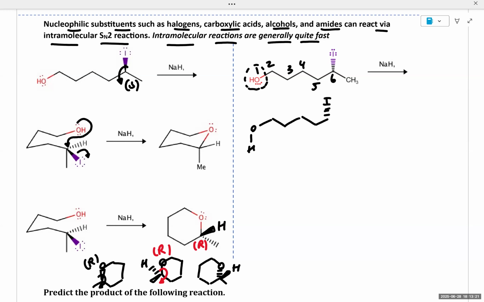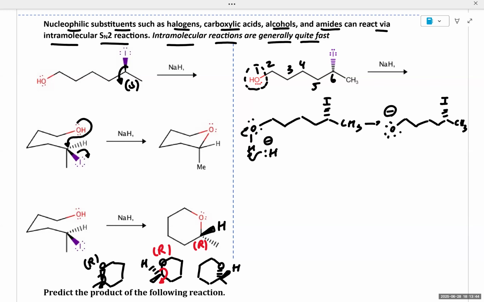Because I have some sodium hydride floating around, I'm going to pull off this proton, and that in turn gives me this much better nucleophile. Remember, because it has a negative charge, it's a much better nucleophile.